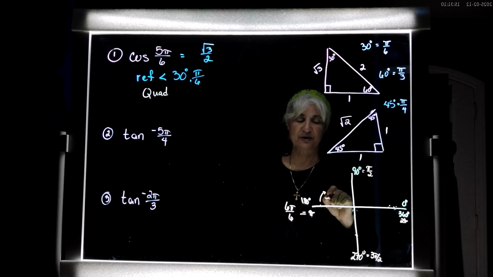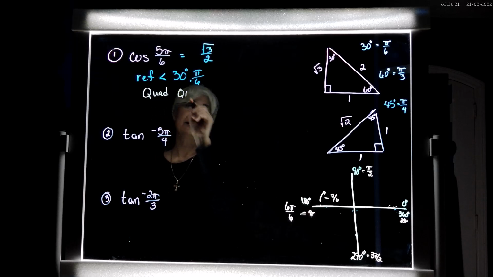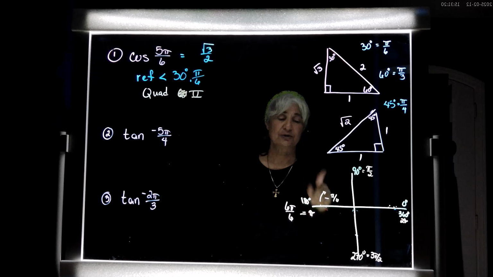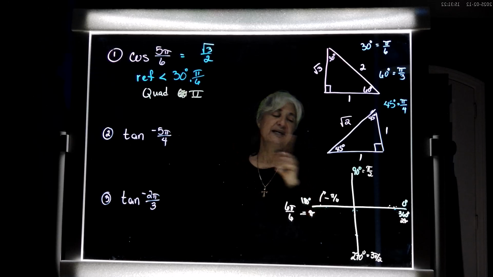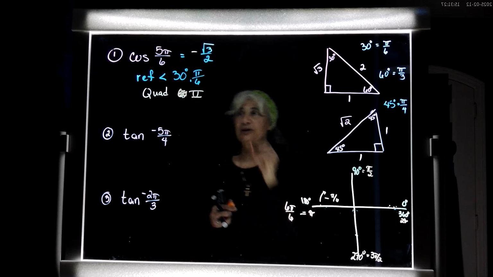Because remember, when you go this direction, you subtract. So 5 pi over 6 is in quadrant 2. Whoops, guess I didn't need to write the cube. Sorry about that. And in quadrant 2, cosine is the x's, and they are negative. Good? Okay.